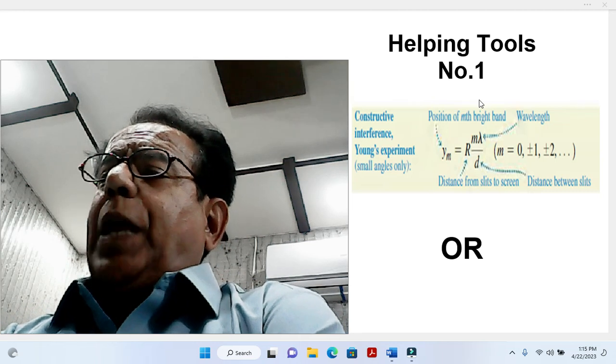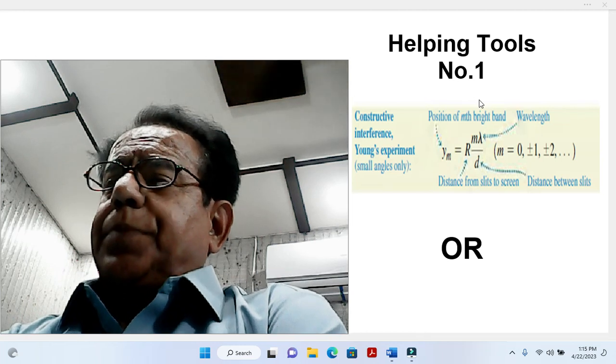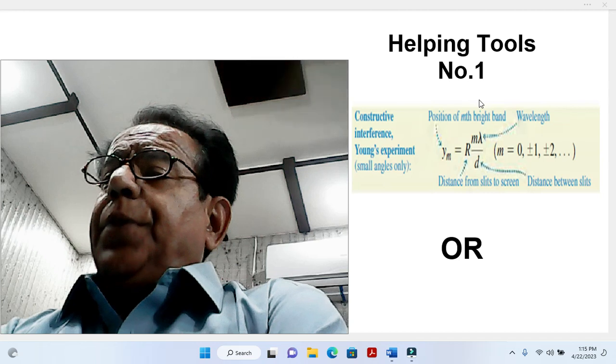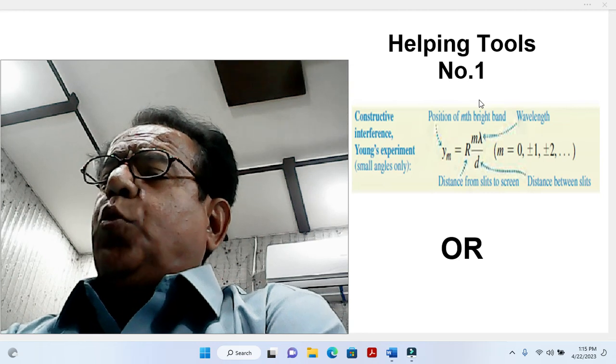Position of mth bright band, Ym, where m is equal to 0, plus minus 1, plus minus 2, and so on.